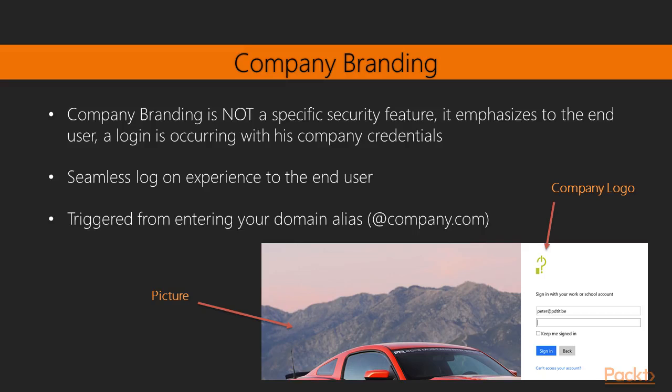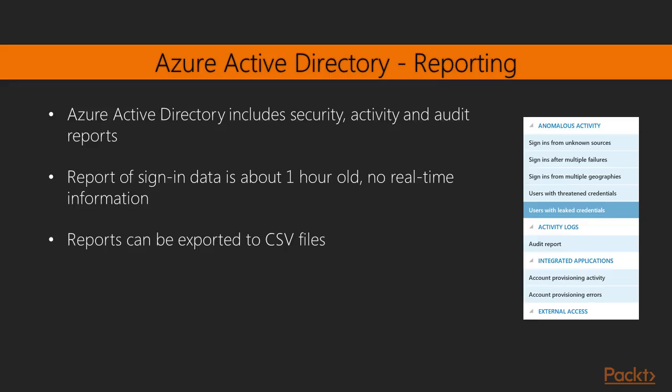It's pretty interesting because it emphasizes to the end user, like, hey, you're logging on to your corporate webpage, with your corporate company credentials. Next to that, it provides a seamless login experience to the end user, and it's being triggered from entering your company domain alias. And then the third one, Azure Active Directory reporting.